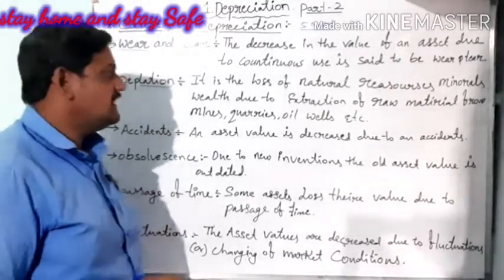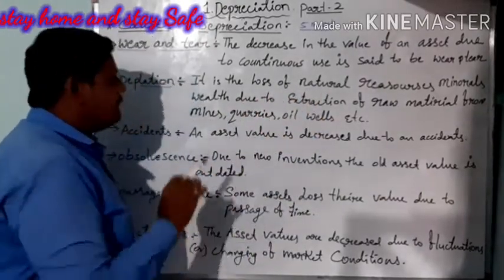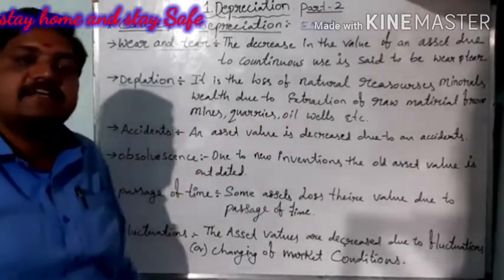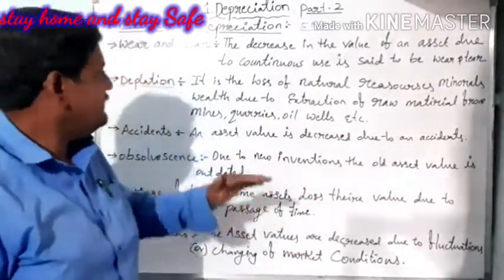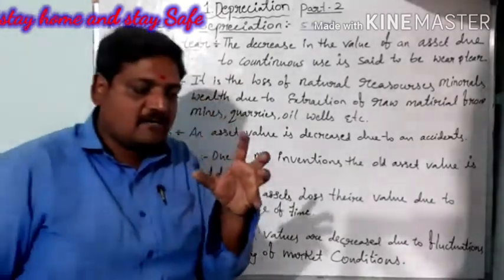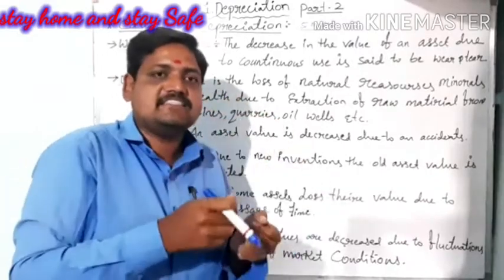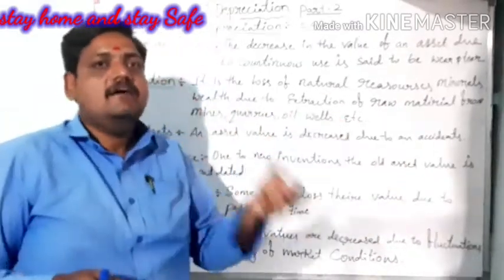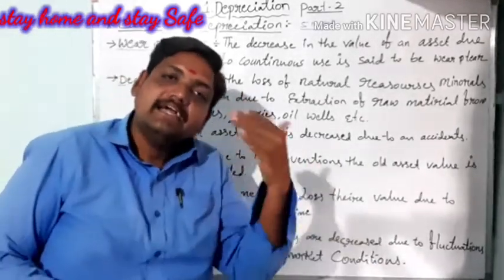Then the next cause is depletion. Depletion is the loss of natural resources, minerals worth, due to extraction of raw material from the earth. That means some natural resources are extracted from the earth, and that natural resource value may decrease.